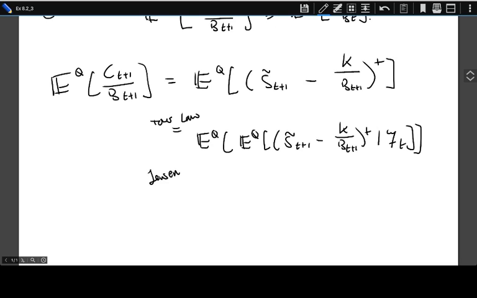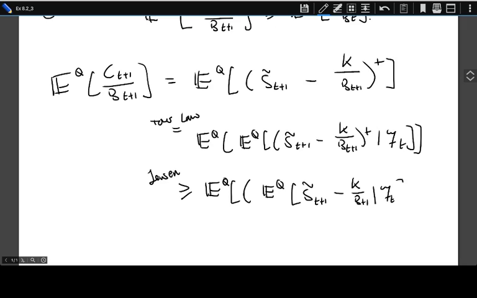for conditional expectation to see that this is greater or equal the expectation of now everything inside the expectation and then taking the positive part.